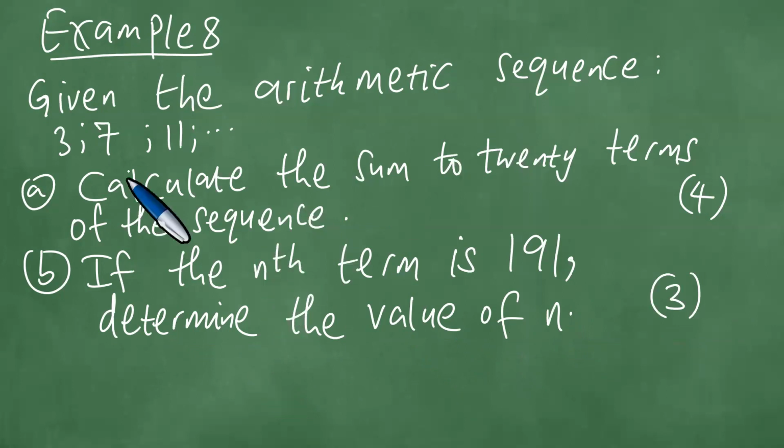Given the arithmetic sequence 3, 7, 11, calculate the sum to 20 terms of the sequence. And if the nth term is 191, determine the value of n.